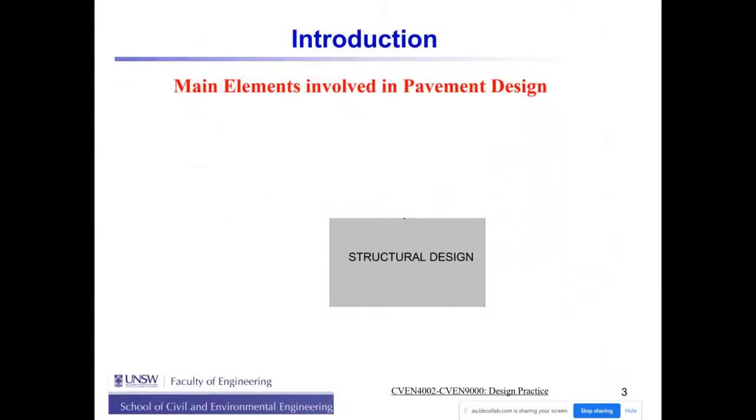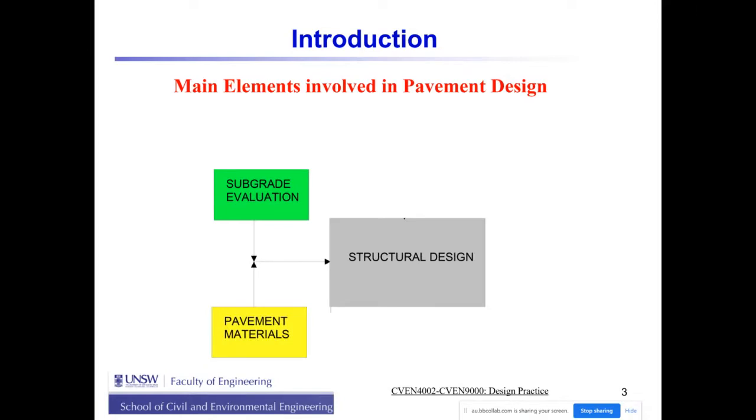In order to design the pavement, the structural design of the pavement, there are actually three input data that we need. First, we need to know the CBR value of the soil, or the strength of the soil.